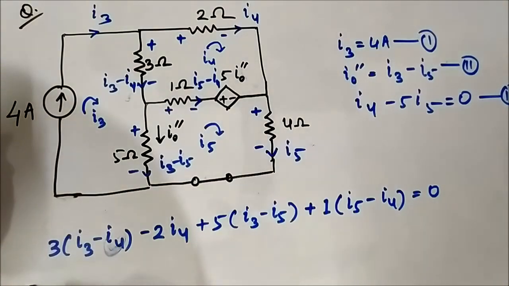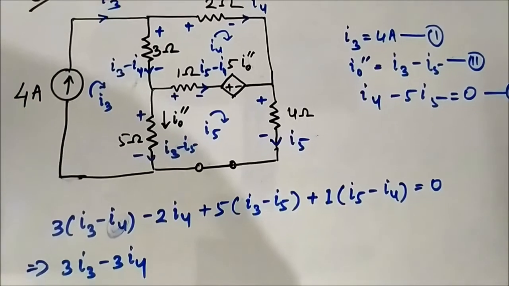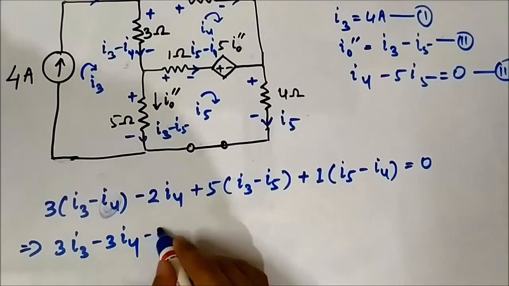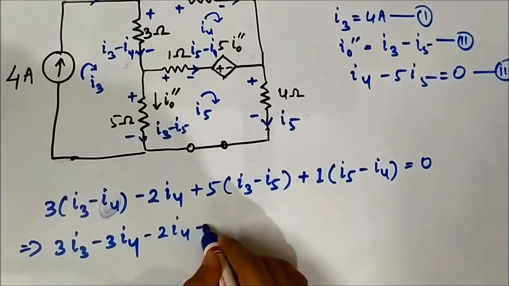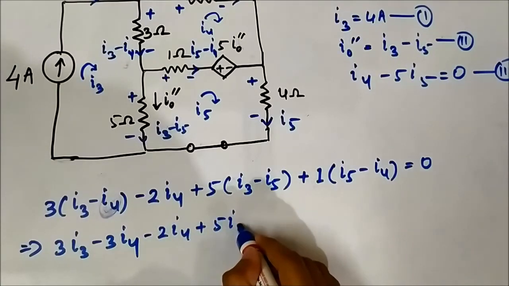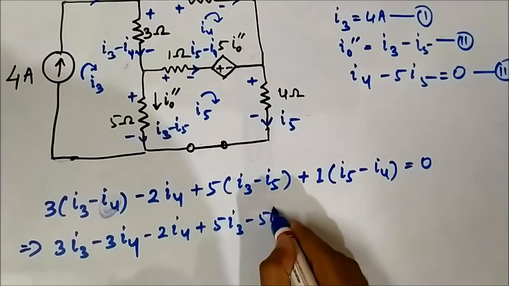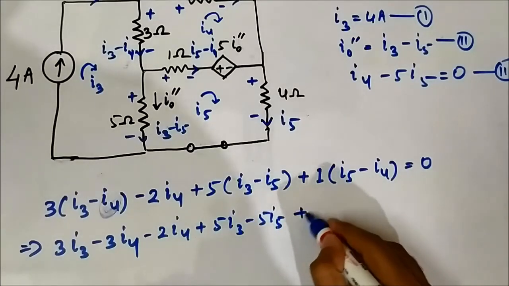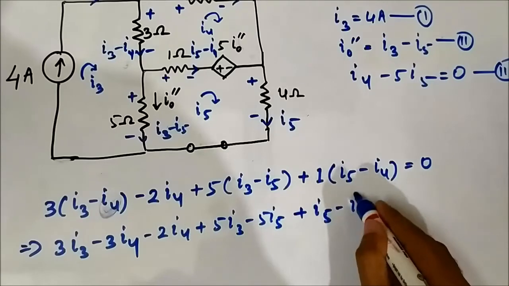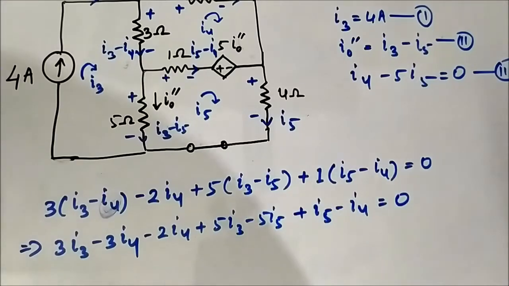That implies 3 I3 minus 3 I4 minus 2 I4 plus 5 I3 minus 5 I5 plus I5 minus I4 is equal to 0.